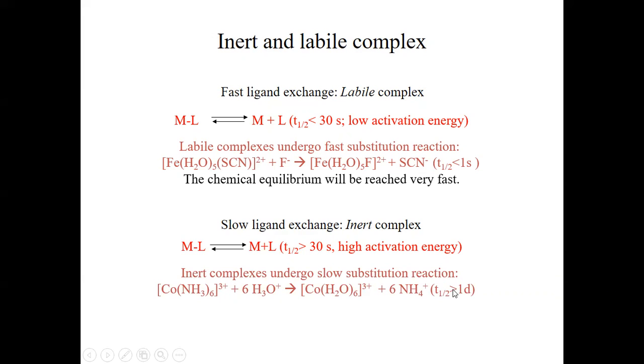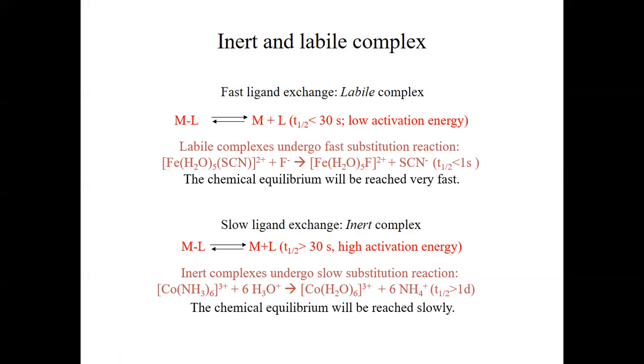Therefore, any ligand substitution reaction occurs very slowly, and the chemical equilibrium does not establish quickly. So in this reaction, the ammine ligands get substituted by aqua ligands in an acid medium.